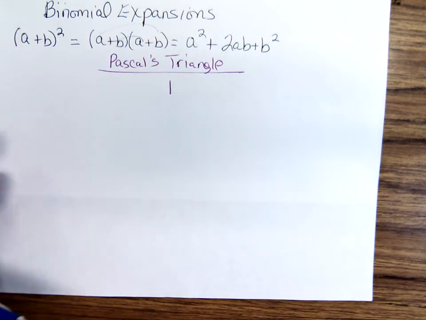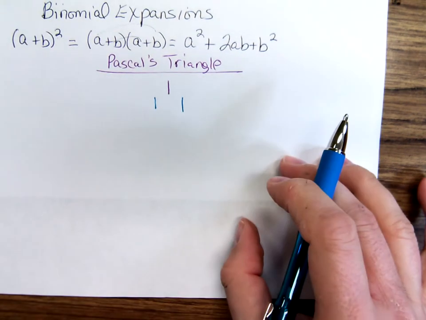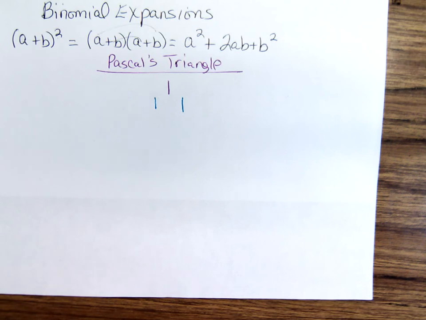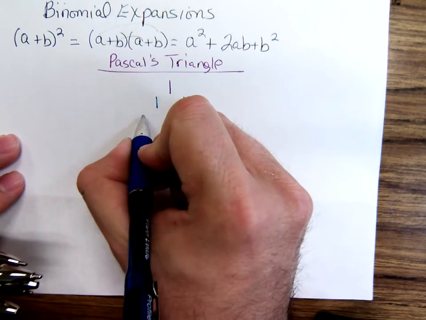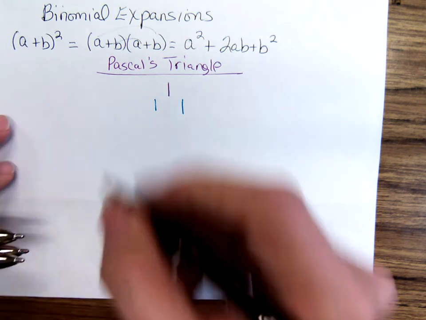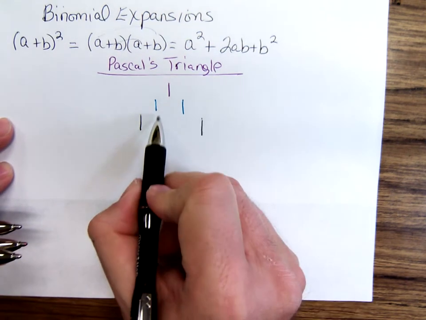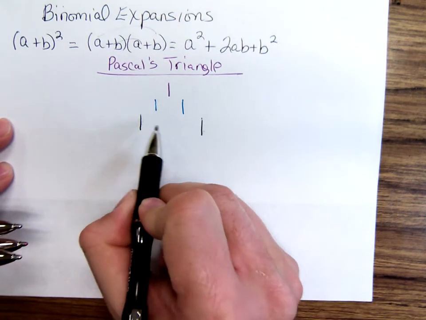The second row of the triangle has two 1s. The third row begins and ends with 1, and it's going to have 3 numbers.